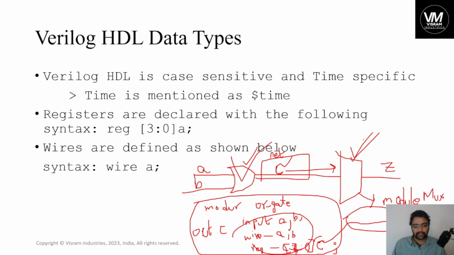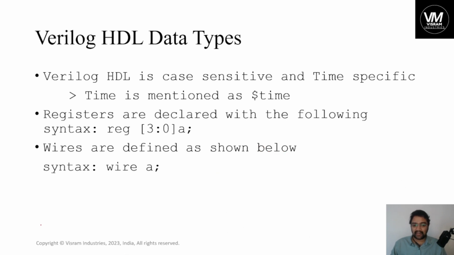For this module, I mean a module is nothing but a cell, the device. The multiplexer is a module. So in this multiplexer, what is the input? C. And for the OR gate, what is the output? C. The data is the same. Whatever data you collect here is sent to this part. Got it, guys? I'll show you in the next example as well.